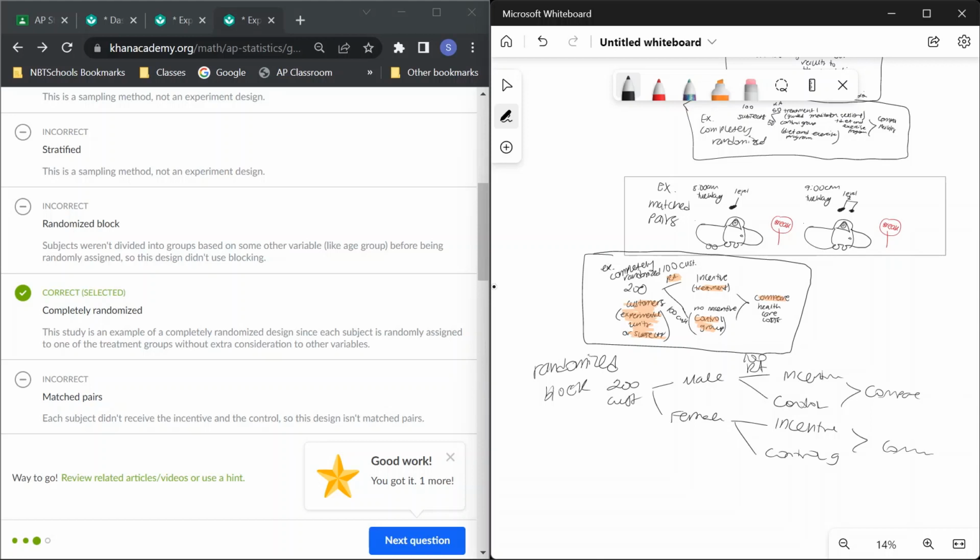Maybe you could take 2 years, so you could take 200 customers, and in 1 year you have them take the incentive, and then the second year you have them take no incentive, the control group, and then you would compare the results.